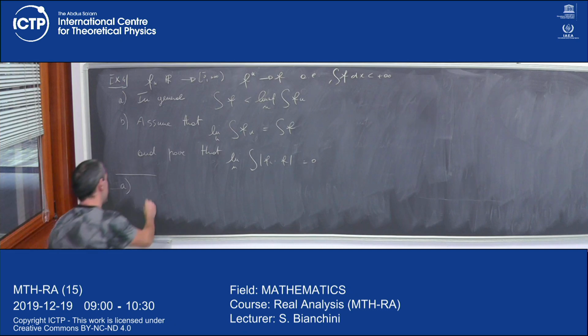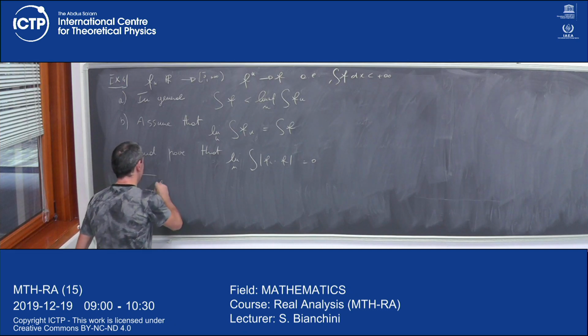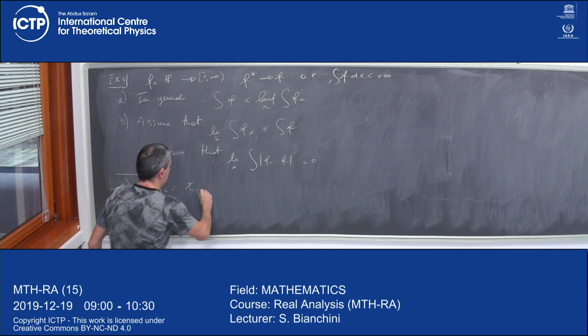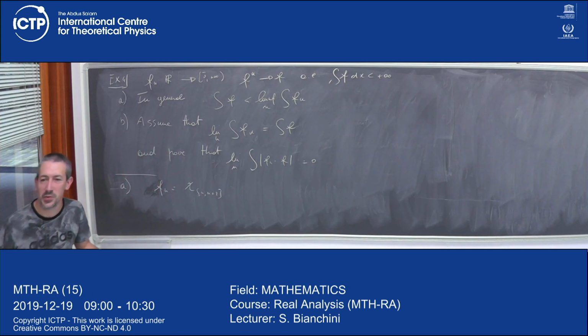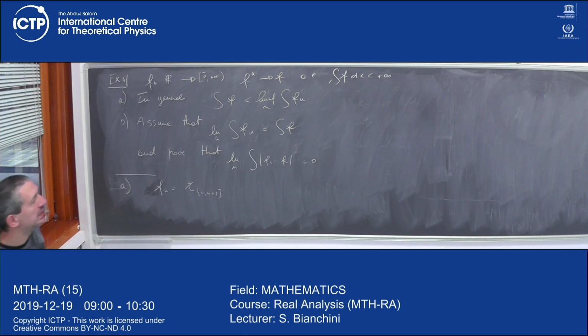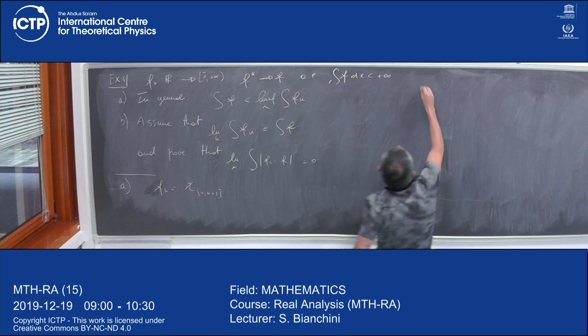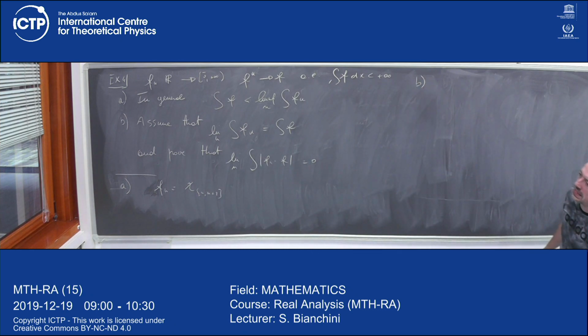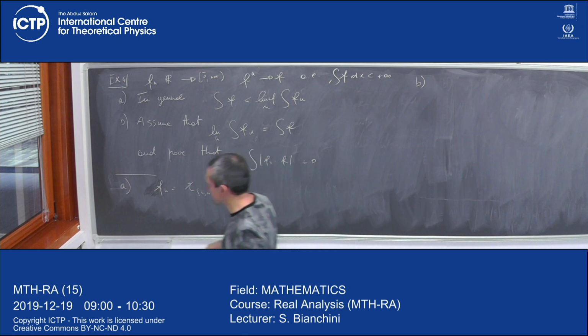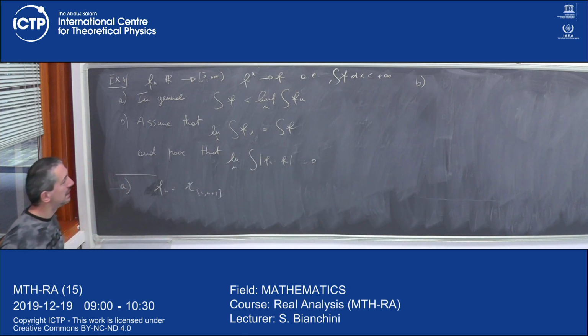So we take the characteristic function of n, n plus 1, and then you're done. Okay, if you want it positive, just add any one function and it works. Okay, so point B. Assume now that the integrals are converging and prove that they converge like this guy. Okay, let me think how to do that.